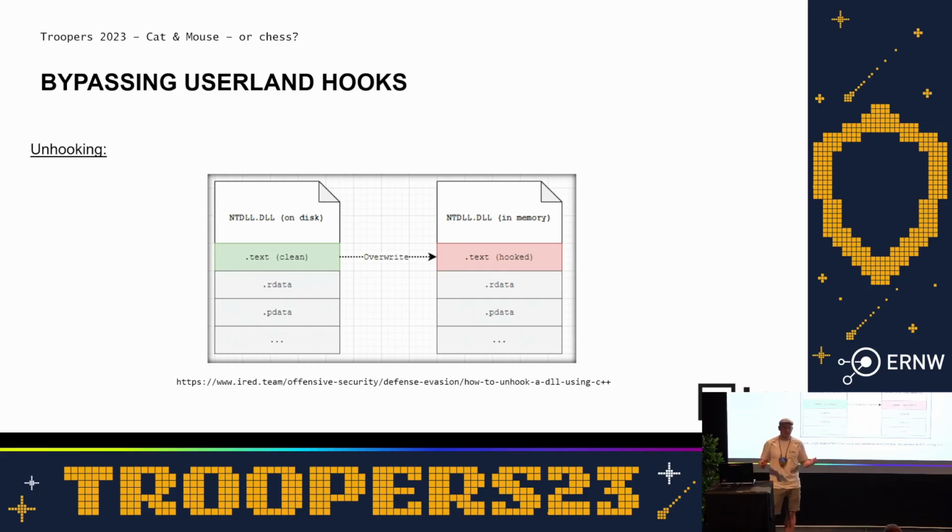If we grab a fresh copy of NTDLL from disk and use this content to override the memory of our own process, then we actually remove the hooks, and at runtime the EDR cannot analyze anything anymore because there is no jump to the DLL. It does not take place anymore.